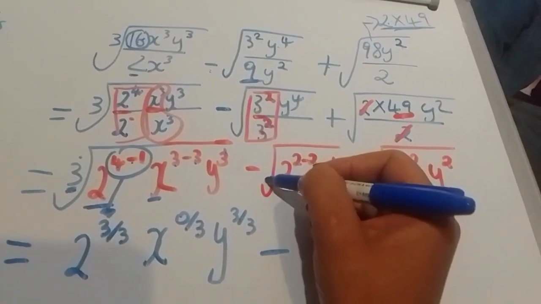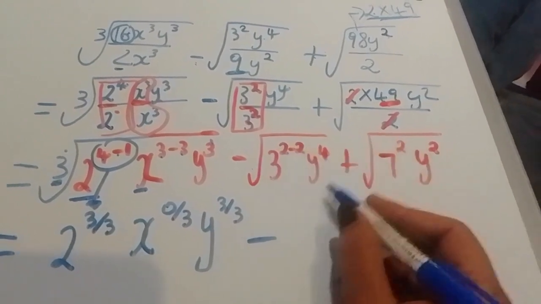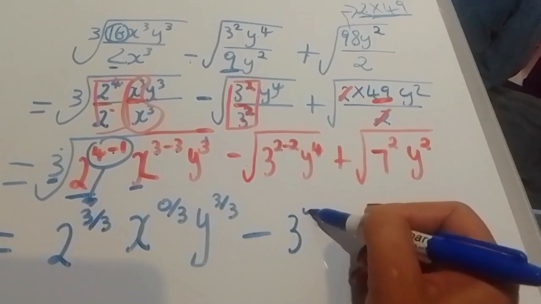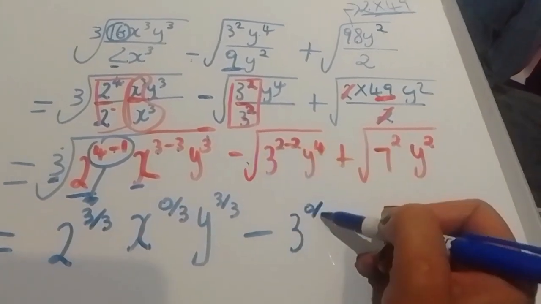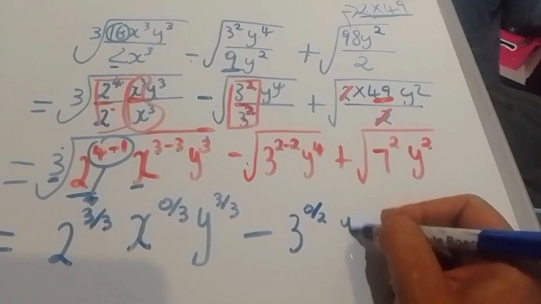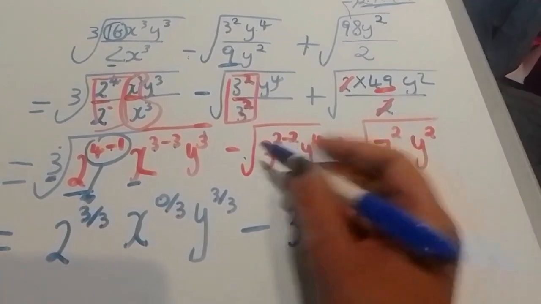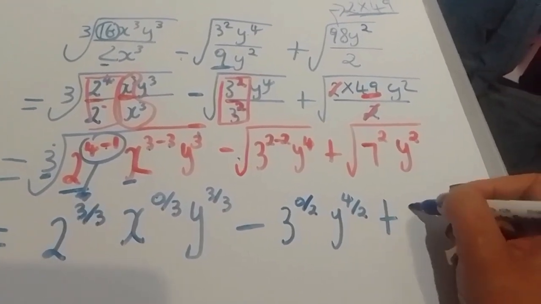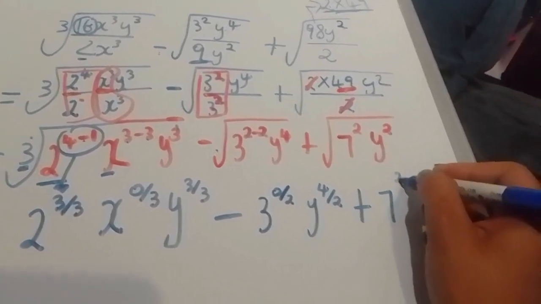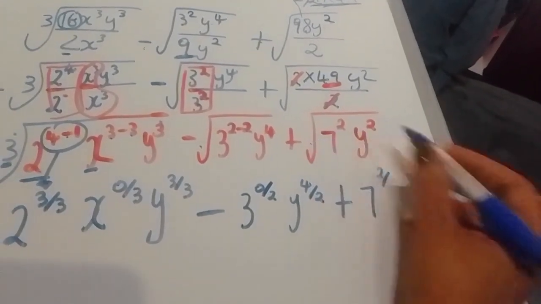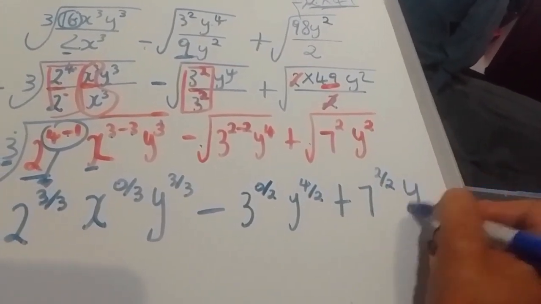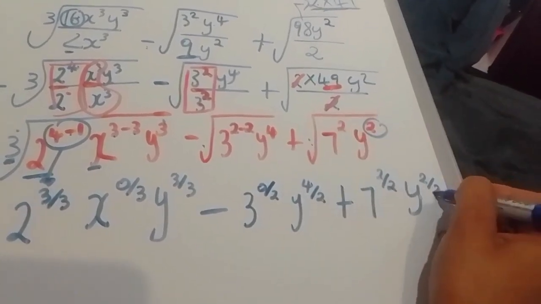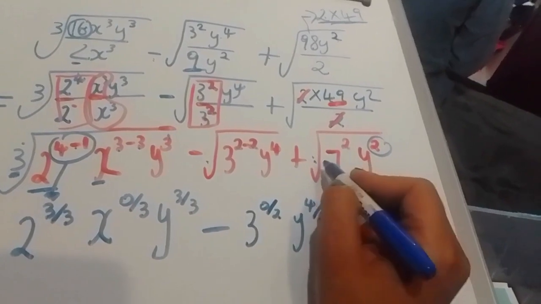Remember, if there's nothing outside, then it's a 2. So we have 3 to the power of 2 minus 2, that's 0, divided by what's outside, a 2. And then y to the power of 4 over what's outside, that is a 2. And then the last term, we have 7 to the power of 2 over what's outside, a 2, y to the power of 2 over what's outside, a 2.